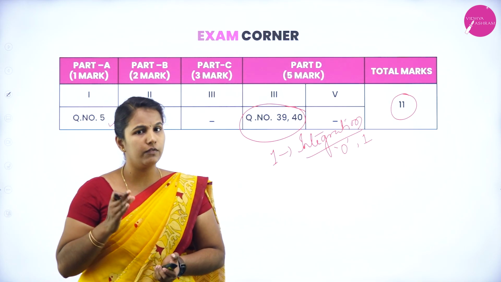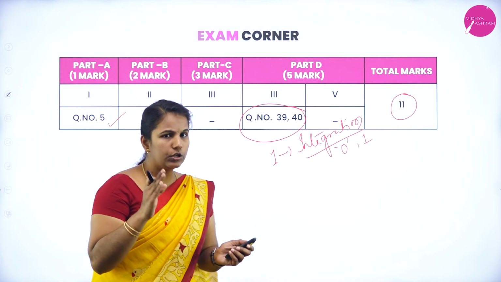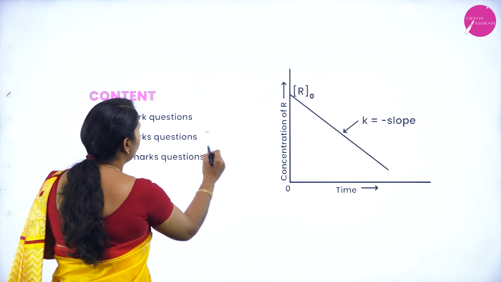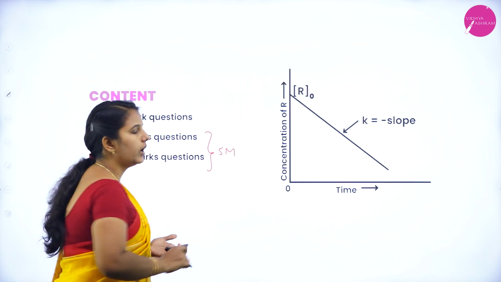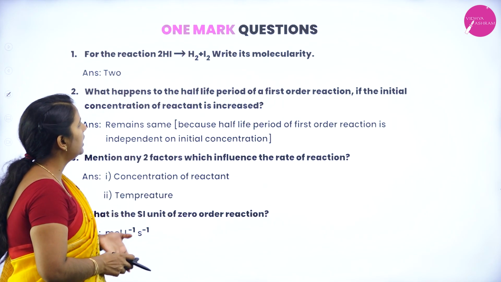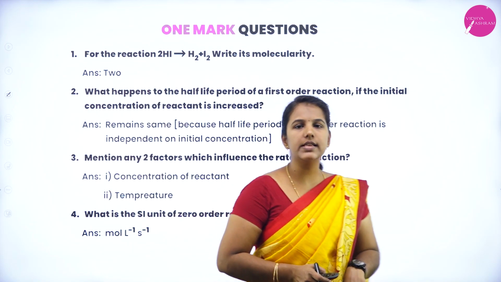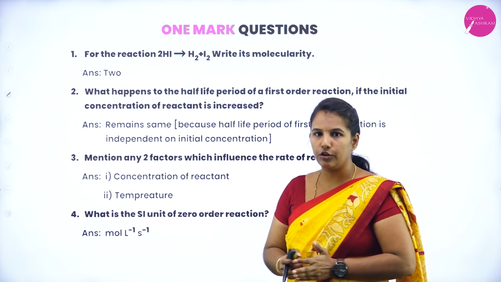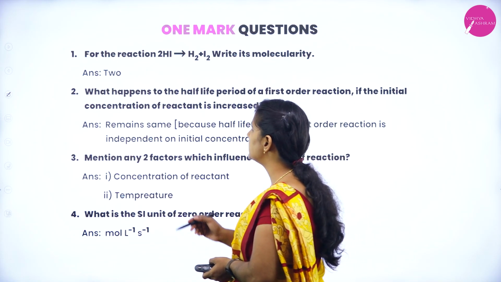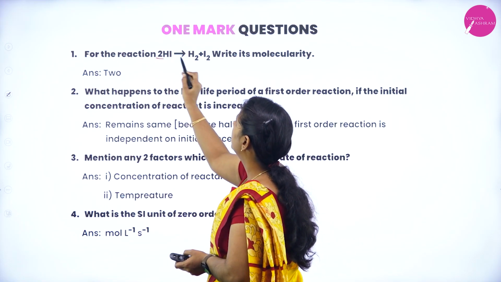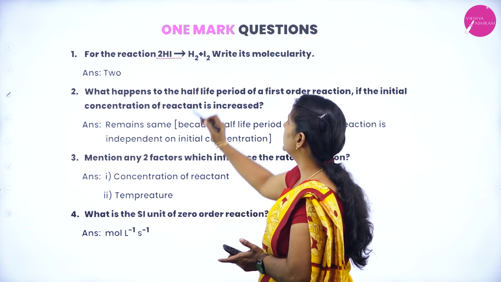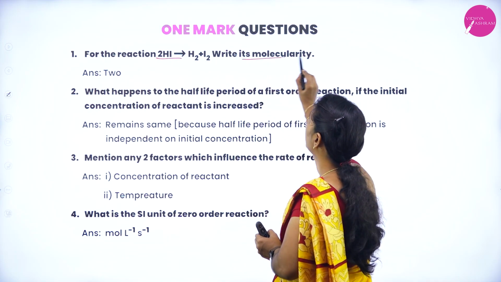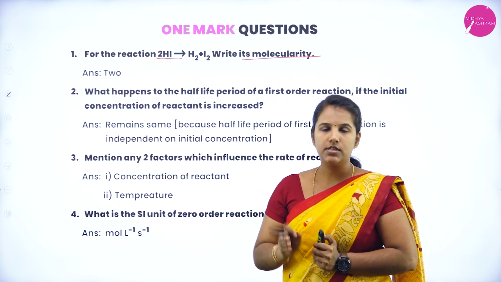Let us see the 1 mark as well as the 2 mark and 3 mark questions, and the ones which come under the 5 mark. Let us discuss the 1 mark question now. As I said, this unit is based upon the rate of the reaction, and they can give a question like this: for the reaction 2 hydrogen iodide giving iodine and hydrogen, write the molecularity of the reaction.